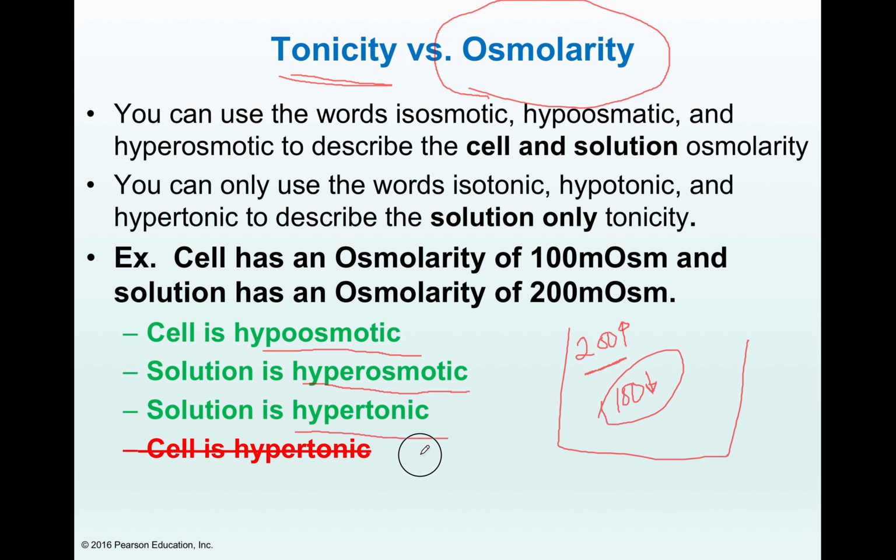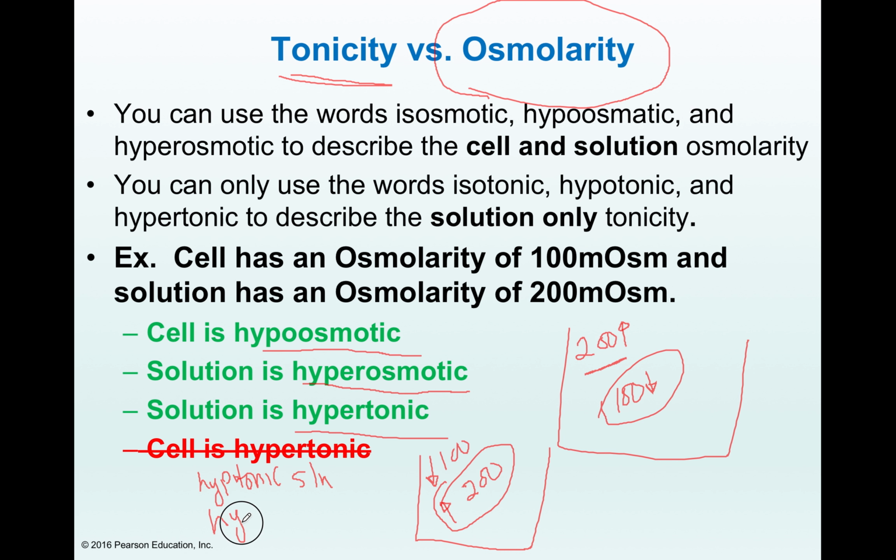So let me draw a scenario for you guys, and we can get some more practice. Let's say I have 100 here and 200 here. If I was describing this scenario, looking at the numbers, this is a lower number, this is a larger number. So for the solution, I can say the solution is a hypotonic solution.